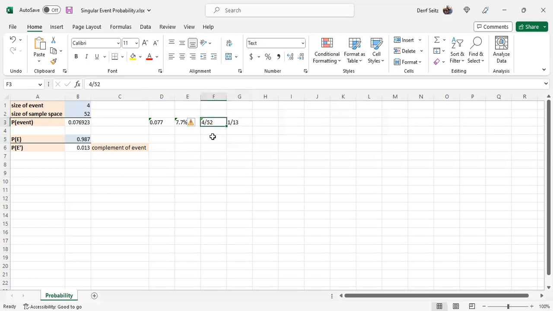The 4 over 52 captures the fact that the sample space has size 52 and the event has size 4. Each of these is an equivalent representation of the probability of this event.